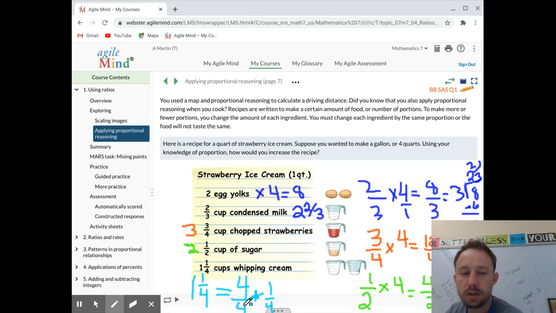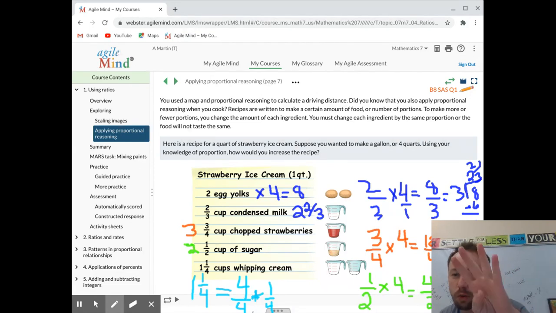All right, so let's talk about it. Right now what we've done is we have taken this and we have pulled it apart. Anyways, I'm going to take those apart, and when I break them apart, 1 is 4/4, right?